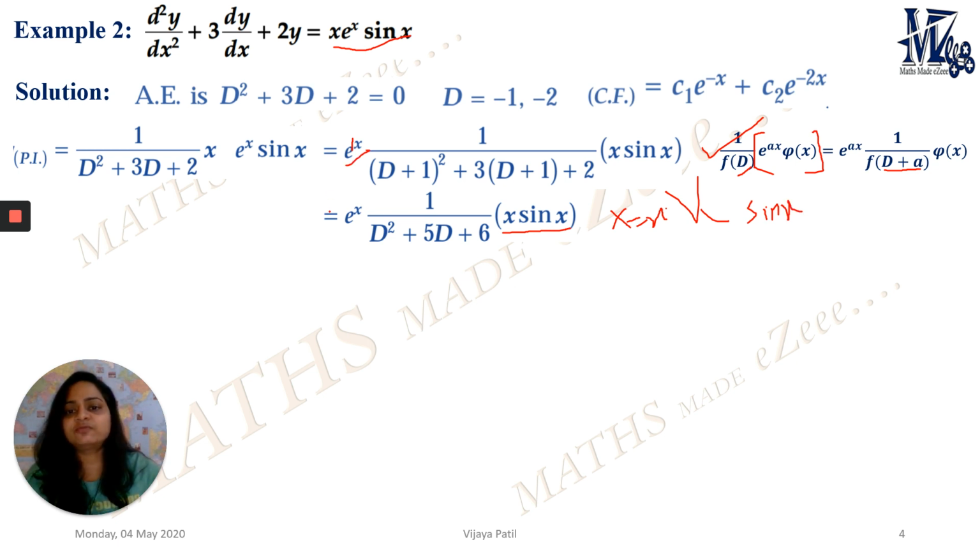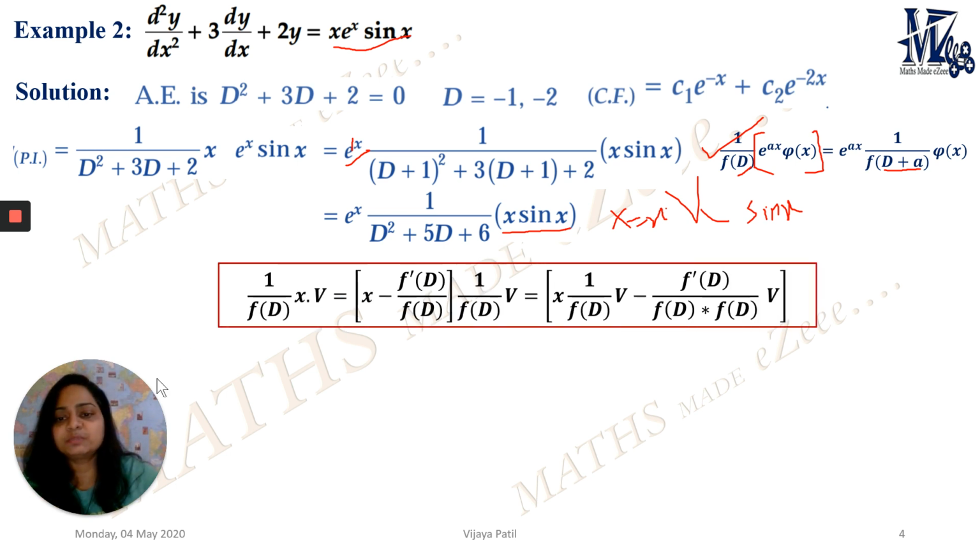So first we have done it for e to the power x. Now we will deal with x into v kind of functions. Let me just give you this. Some of the books might give a solution like this, so you should not get disturbed because of the way we have done it. It is just a little bit of modification.